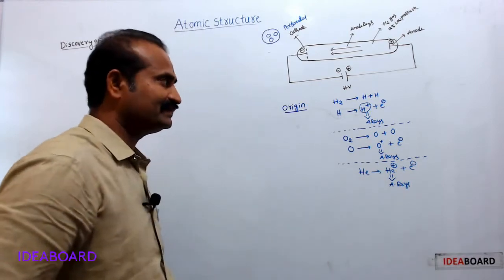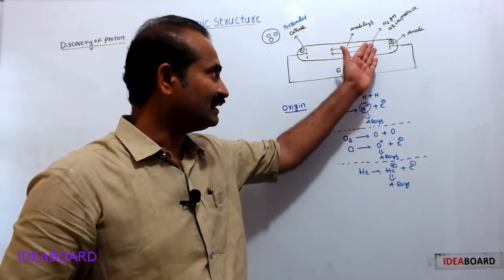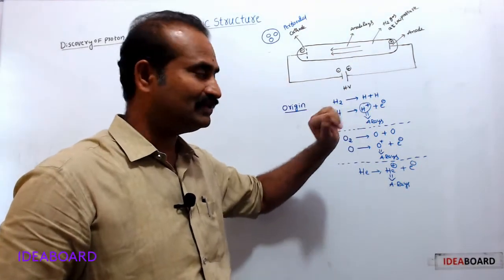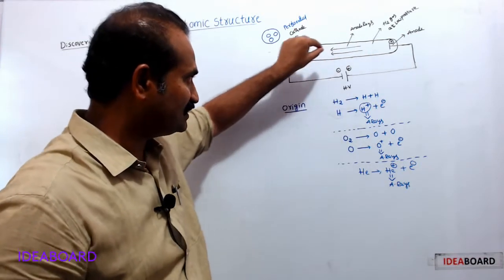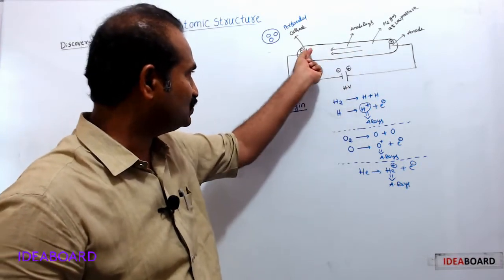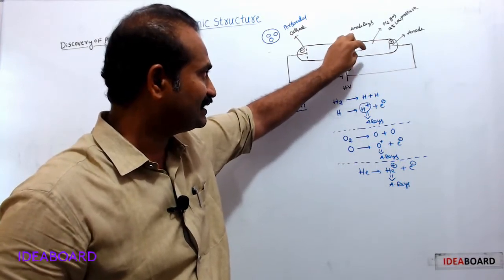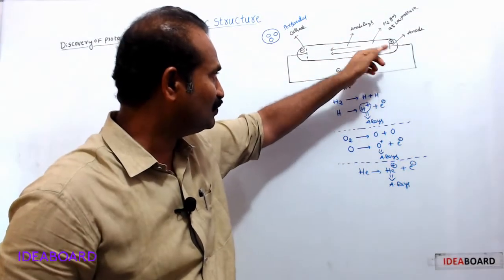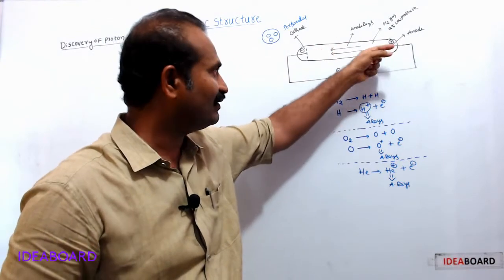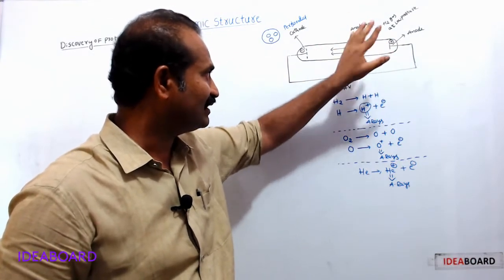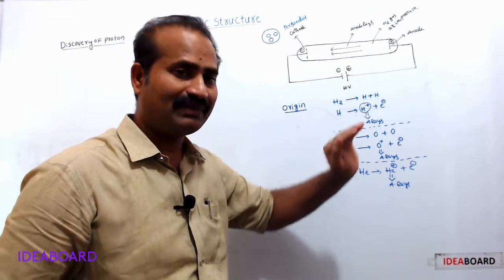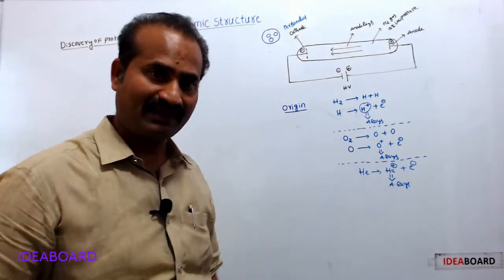In this way, positively charged particles are developed in the discharge tube, and all of them move towards the cathode from the anode. That's why these are called anode rays, a stream of positively charged particles.